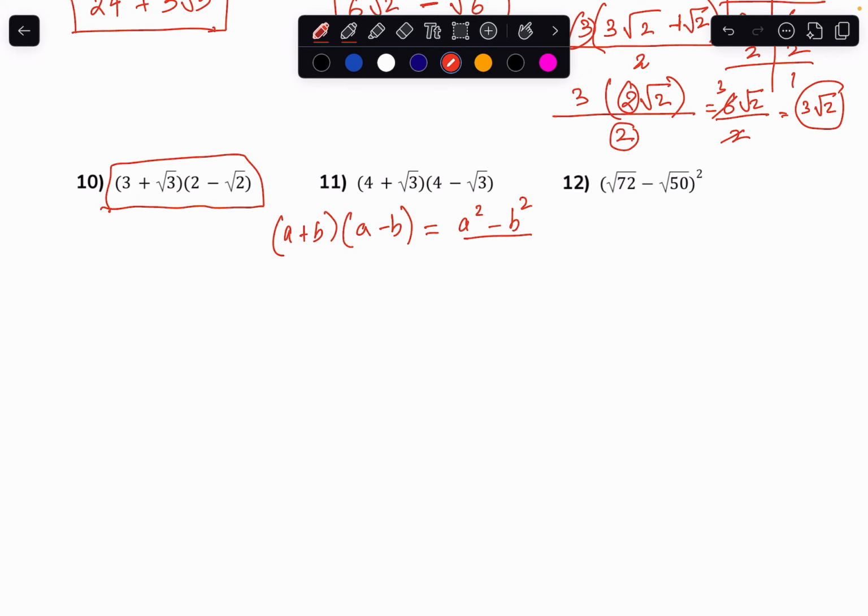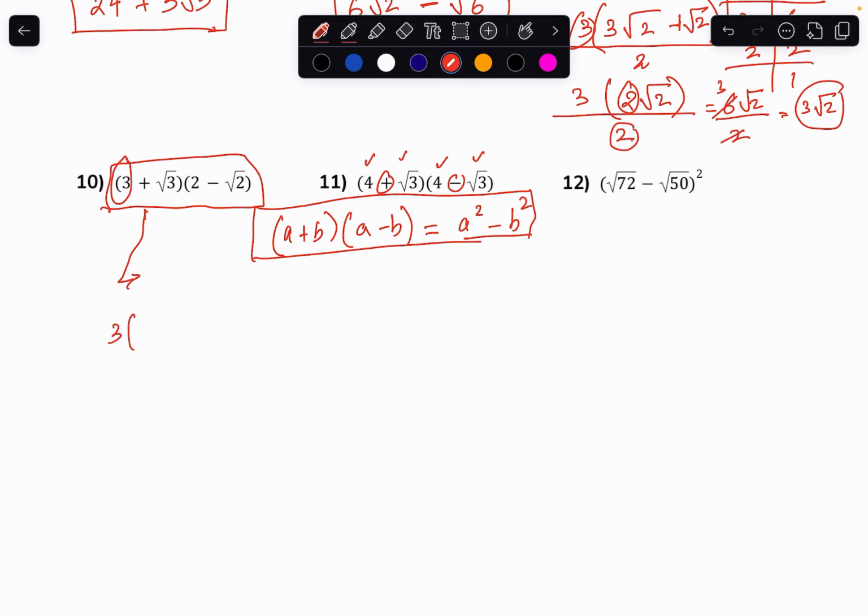It applies when the items are the same and in between them the signs are changed, like in question number 11, the signs are changed but the items are the same, so you can apply this formula. Since in the first case this is not the case, the items are not the same, we are not able to apply a plus b and a minus b. We will expand simply. How we expand?